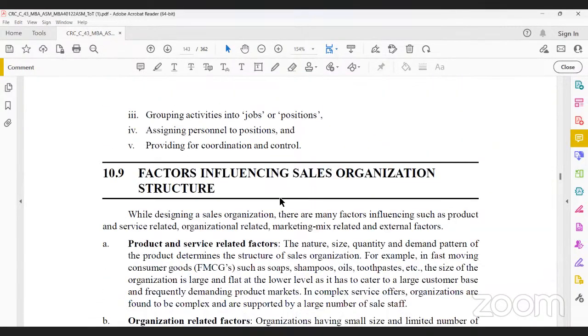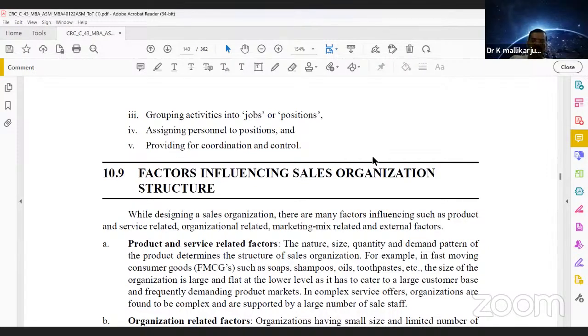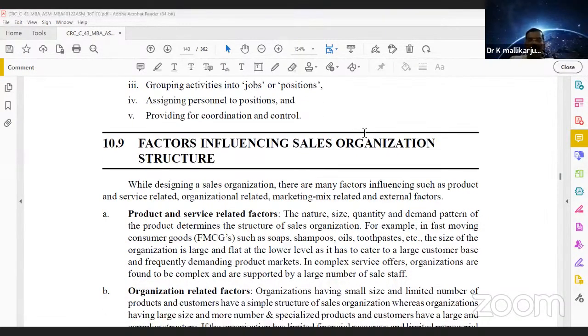Now we move to factors influencing the sales organization structure. Various factors are influencing, such as product and service related factors. Some are fast moving consumer goods like shampoos, oil, toothpaste, and more consumable goods, irrespective of price.